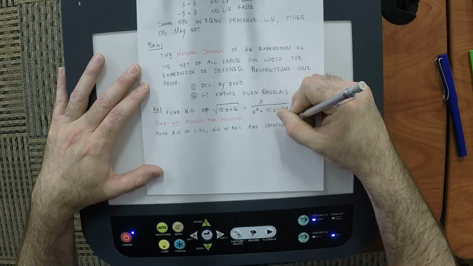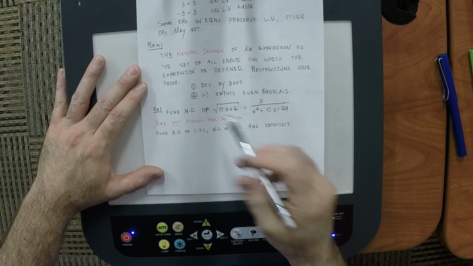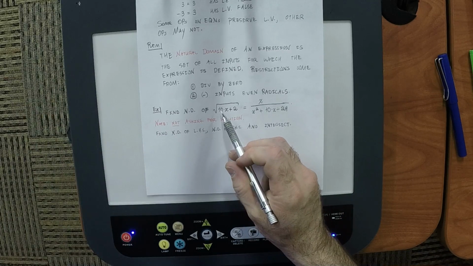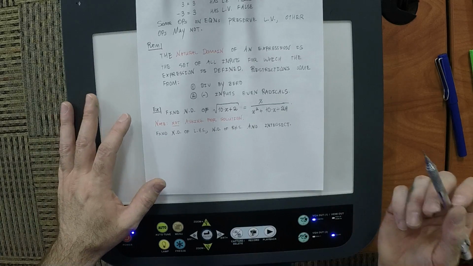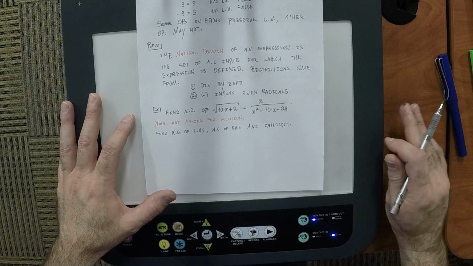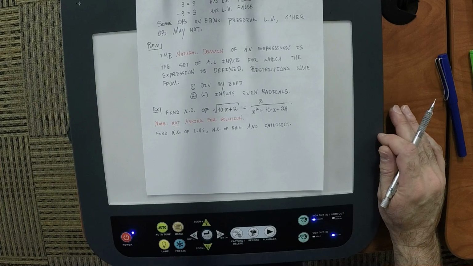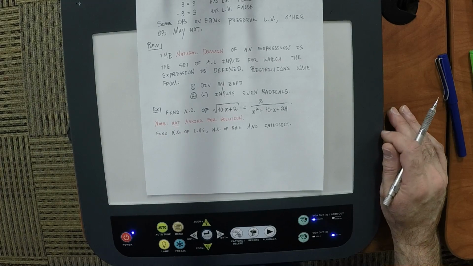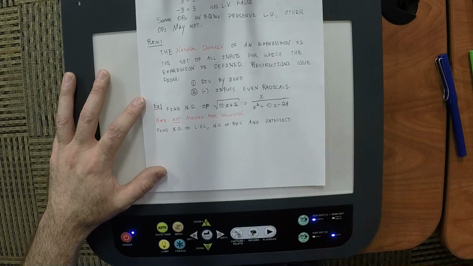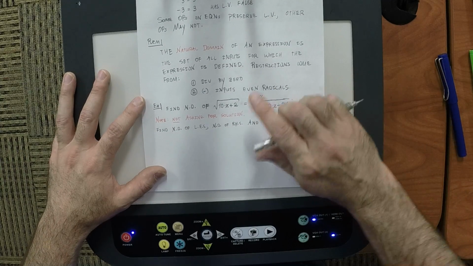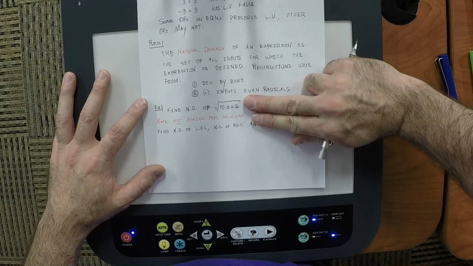Which is to say that we're going to figure out what inputs would be okay for the left one, what inputs would be okay for the right one, and then the natural domain is the inputs which would be okay for both of them.